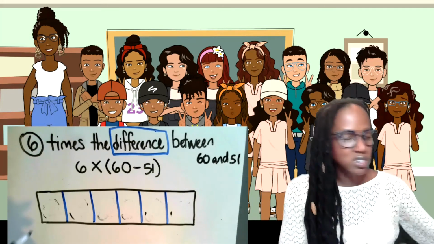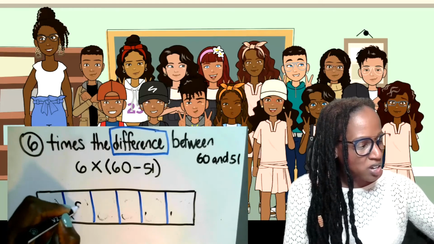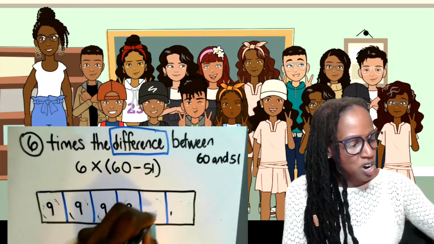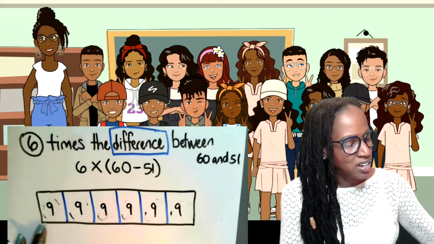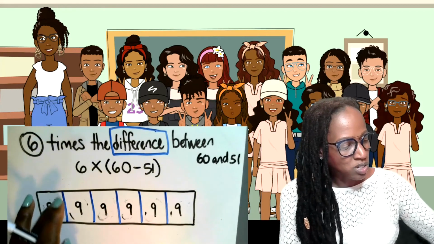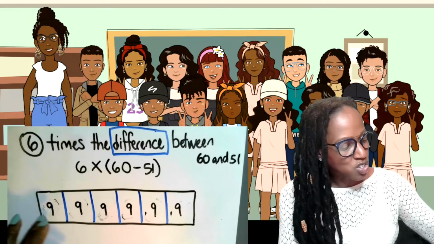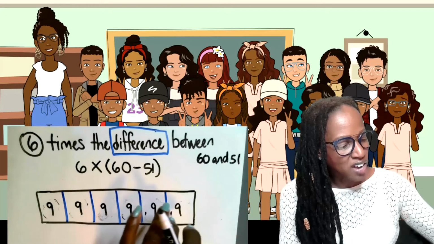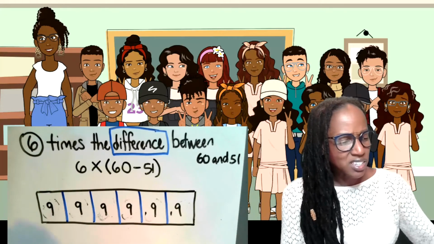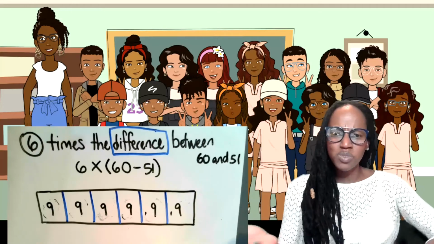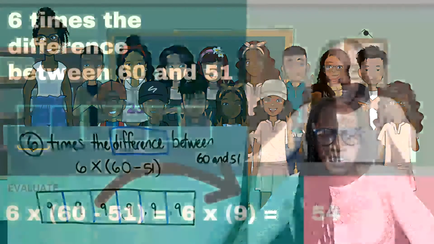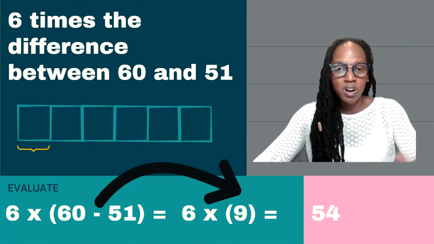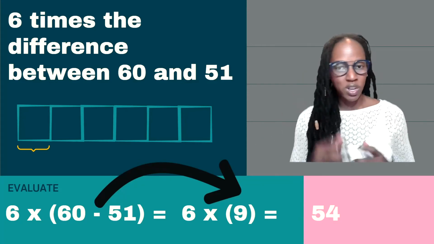I evaluate what's inside of the parentheses first so I can know what I'm counting. Each term here is 9. So I have 1, 2, 3, 4, 5, 6 groups of 9. Well, 6 groups of 9, I know that answer very easily. That's 54, okay? So that's how I might evaluate that expression.